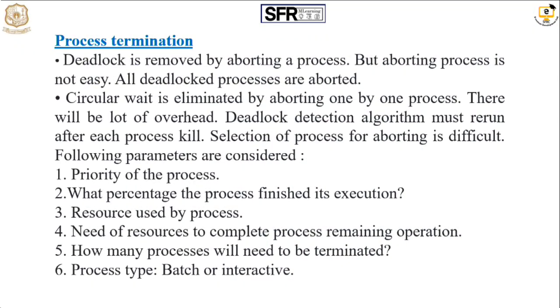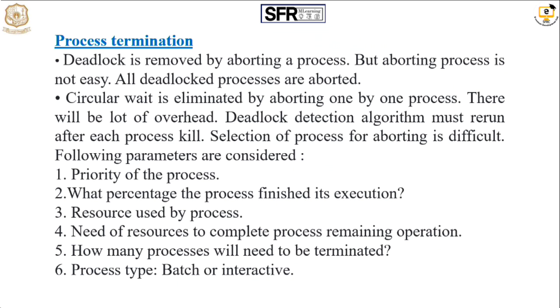The first deadlock recovery method is process termination. In this case, the deadlock is removed by aborting a process, but aborting a process is not easy. So all deadlocked processes are aborted.